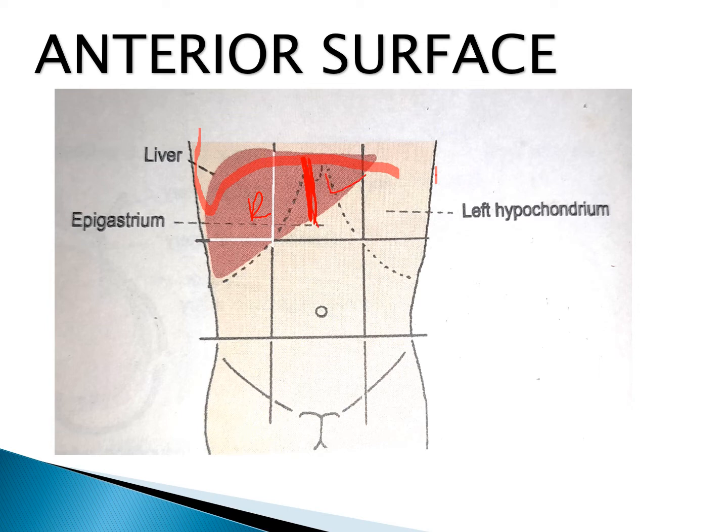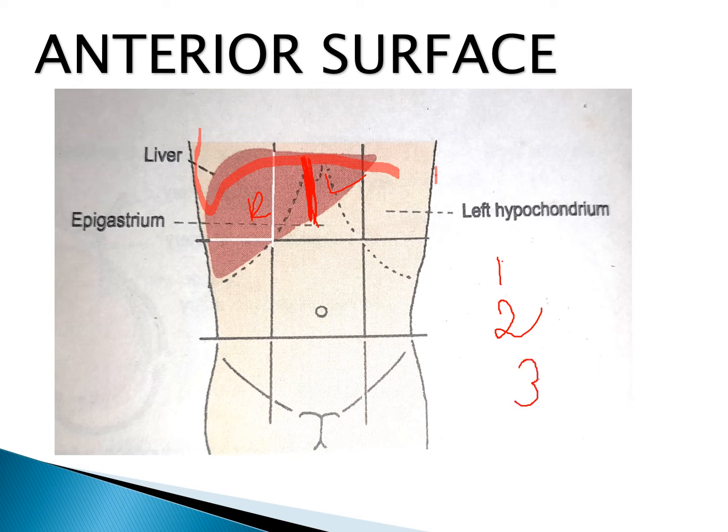So once again, what are the structures? Number one is the xiphoid process. Second is the anterior abdominal wall, which is common for any viscera. The third is the diaphragm on both sides.